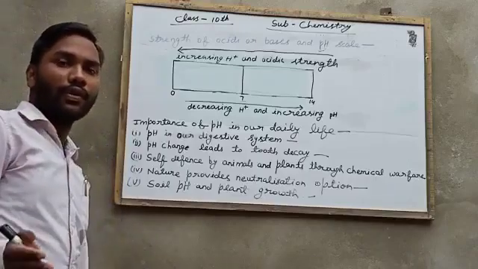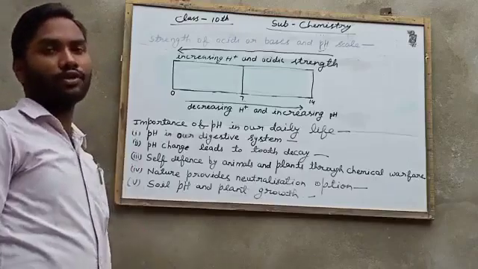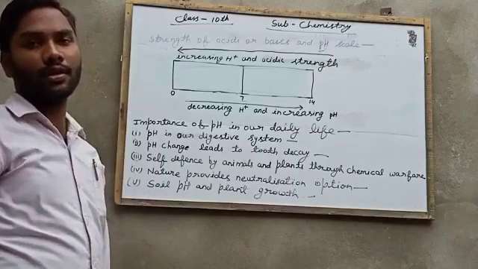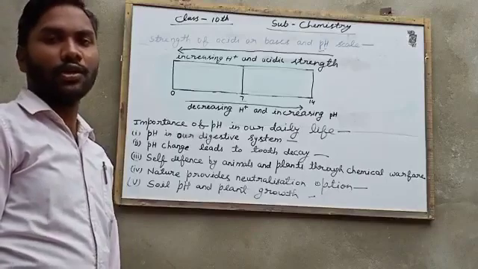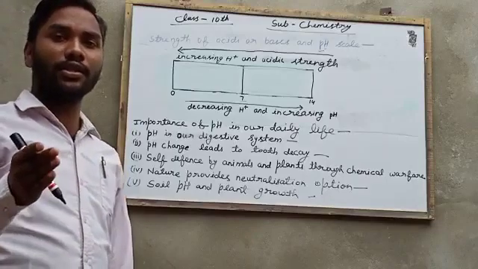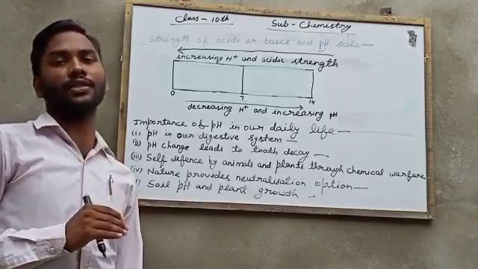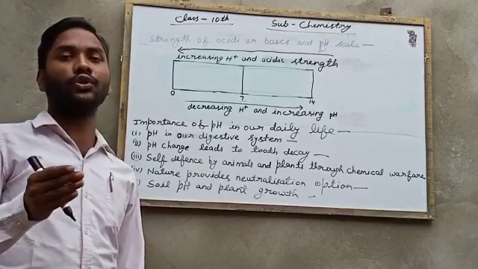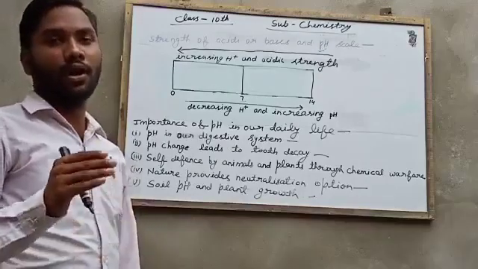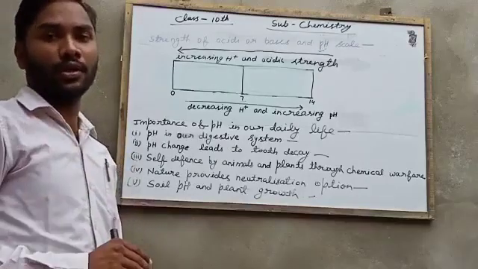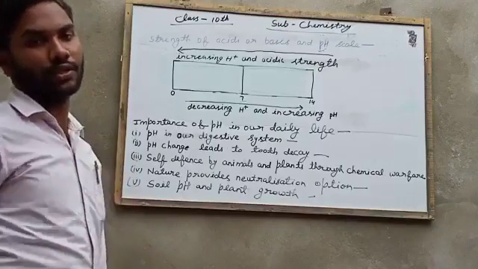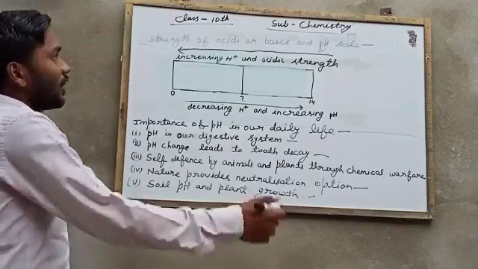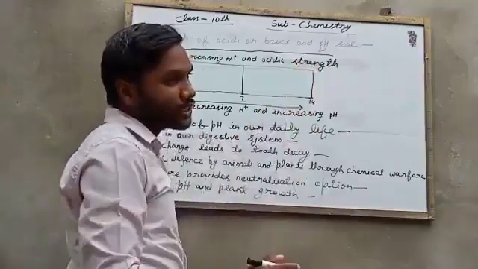We can find the concentration of hydrogen ions or hydroxide ions by using universal indicator. Universal indicator is a mixture of many indicators which show different colors for different concentrations of hydroxide ions and hydrogen ions. Today mainly we are going to discuss pH.